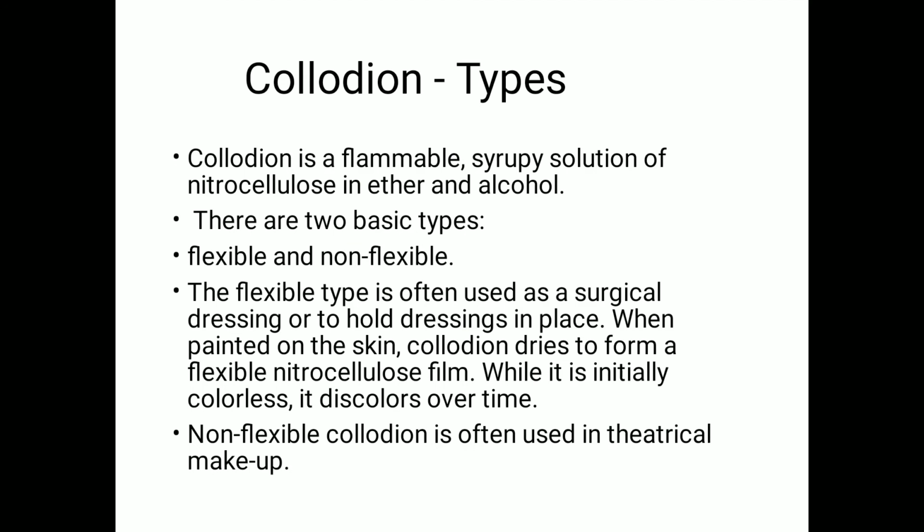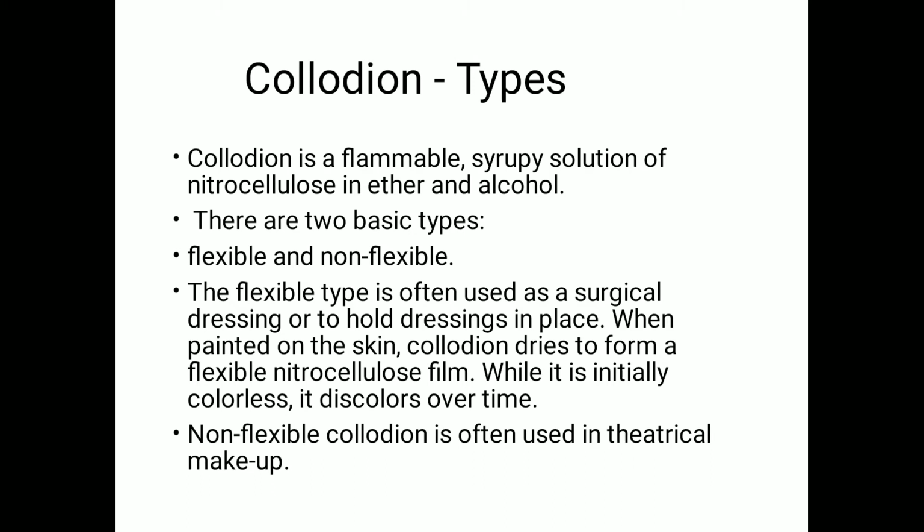Based upon the type, they are classified into two types: flexible collodions and non-flexible collodions. Flexible collodions are most commonly used for surgical dressings and also to hold the dressing. When applied to the skin, these collodions form a nitrocellulose film.